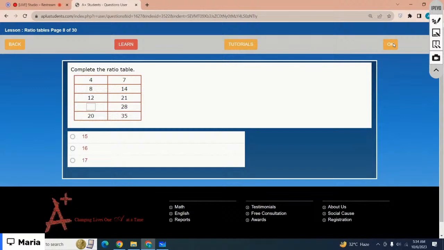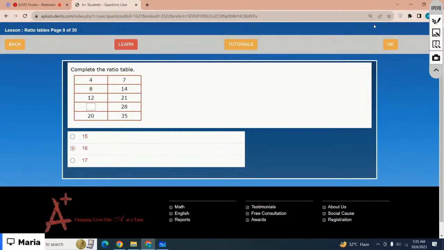Complete the ratio table. So which is the correct option? The correct option is 16, right?